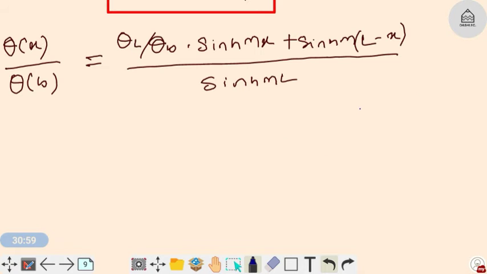So in this expression I need to put 2L in place of L. So this one I have to do 2L, and this one is also 2L, and this one is also 2L.